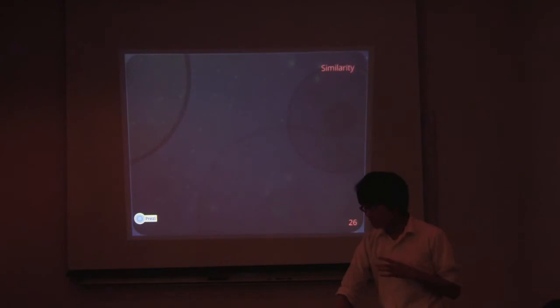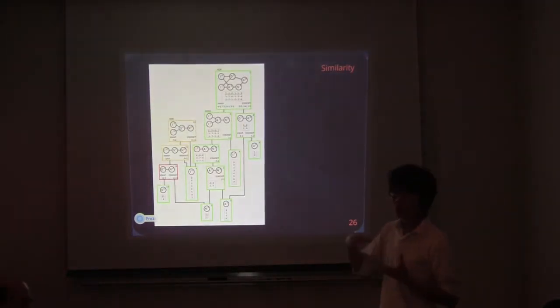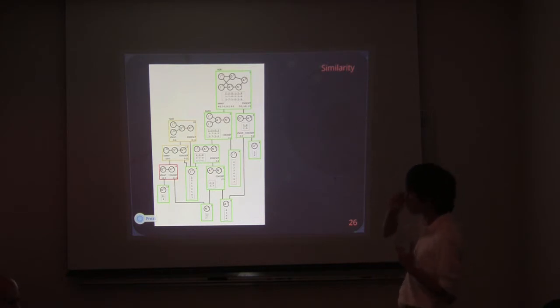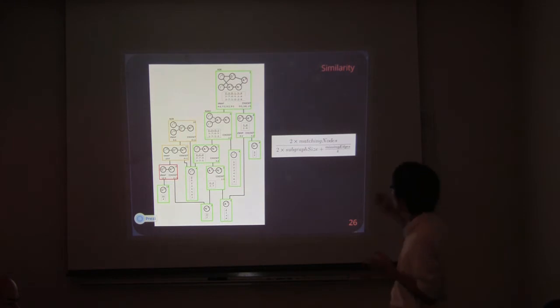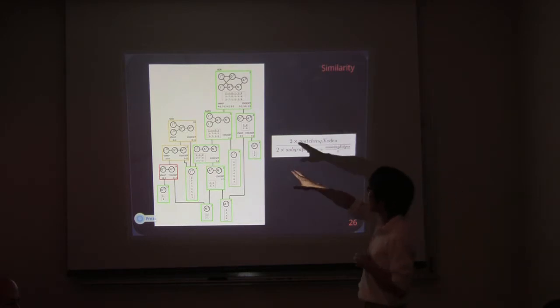Now, just like the other two, we want to try and find a similarity between two circuits if no complete match has been found. So in this case, as for the NOR gate, we want to try and find a similarity between the NOR gate and the circuit. And the similarity equation here is given. So the idea is that we want to start from the pattern circuit that has not been matched, and we go down the tree.